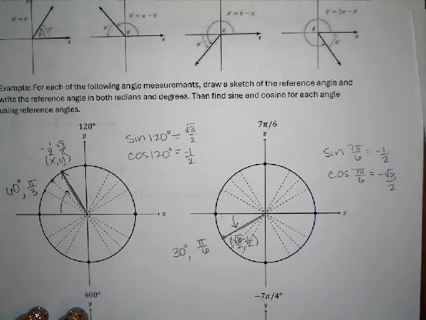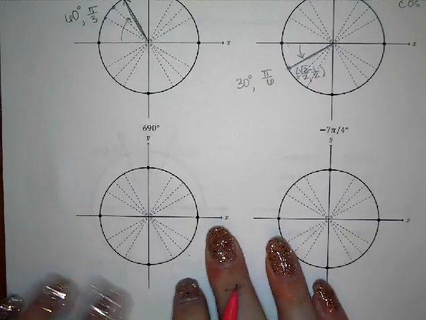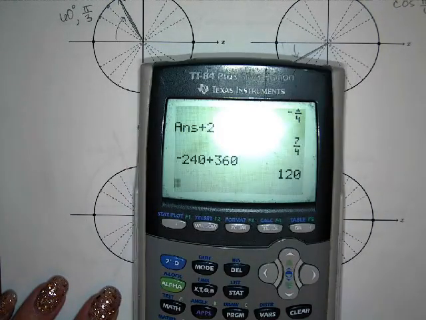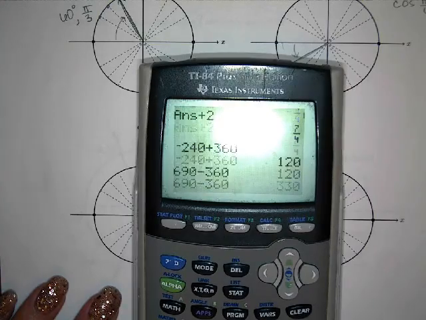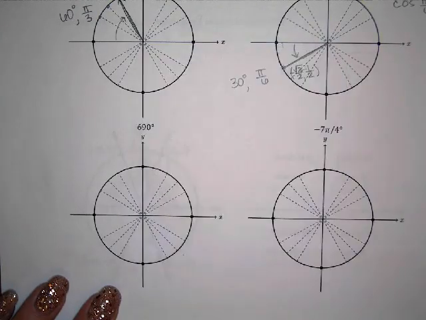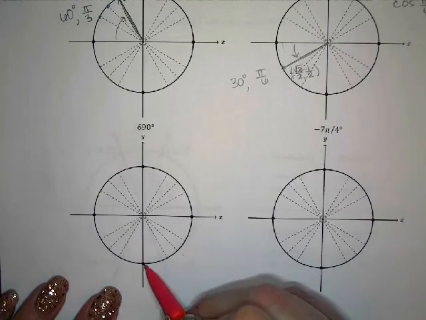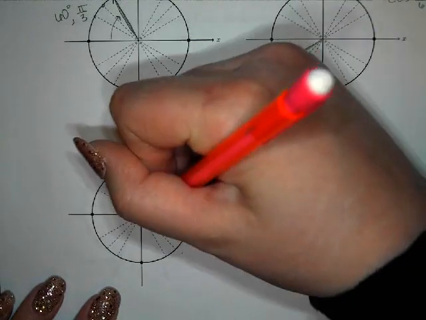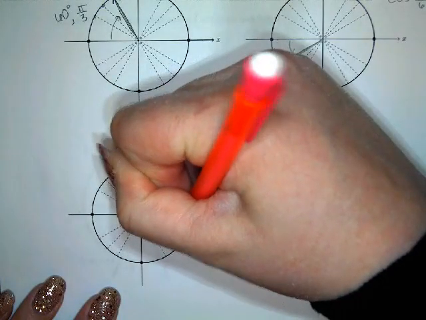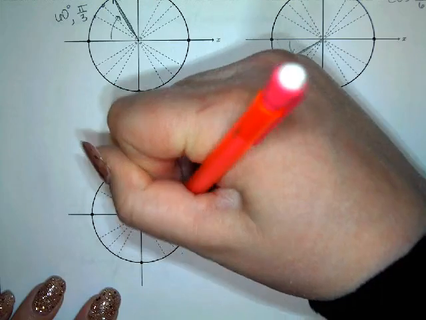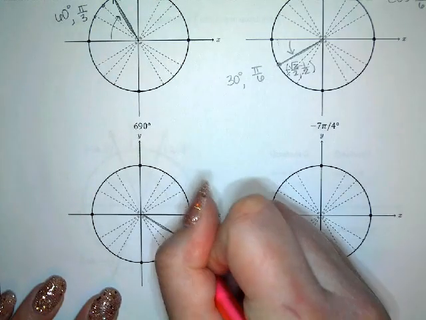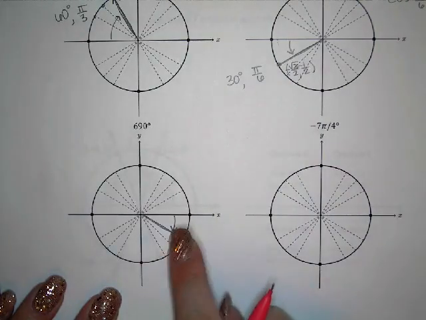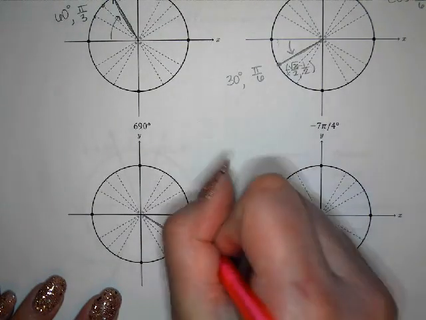All right, 690 degrees. This one I'm going to find the coterminal angle. 330 degrees. So here, 270, 300, 330 is right here. So this is another 30-degree reference angle, which is pi over 6.